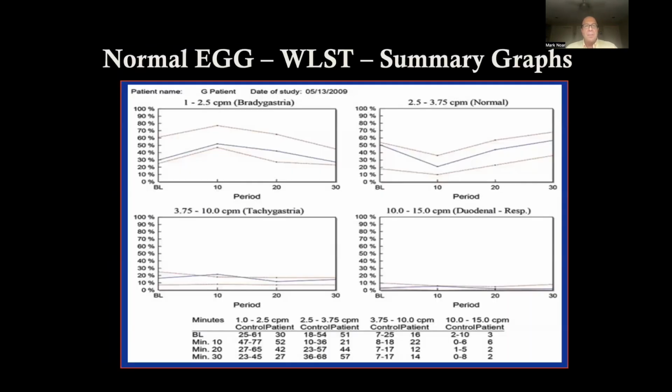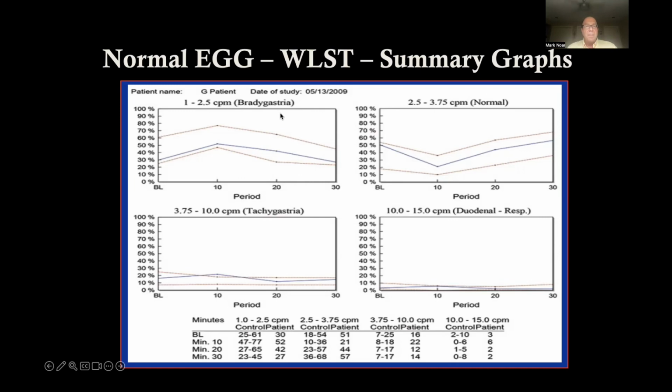Here is what the typical summary graph result is when you perform an electrogastrogram. You'll notice here that this is your normal 3 cycle per minute activity in this right upper quadrant box. I will point out to you that the broken red lines represent population-based normal, and the blue line will be your patient result. This, in this case, would be normal.